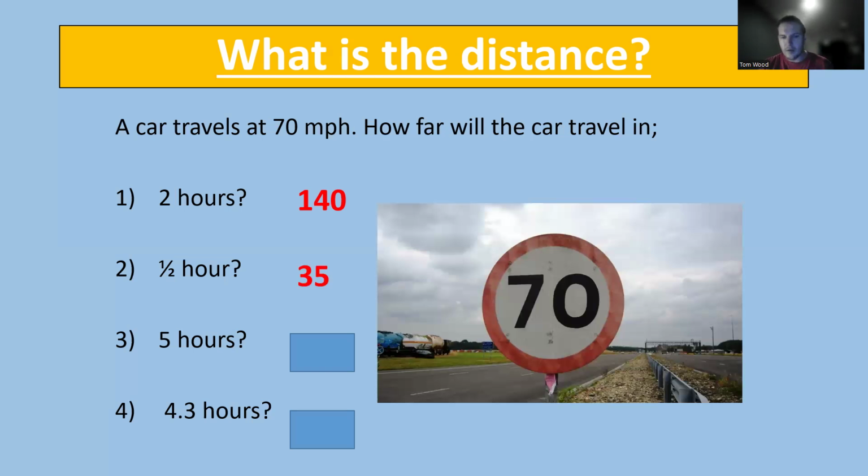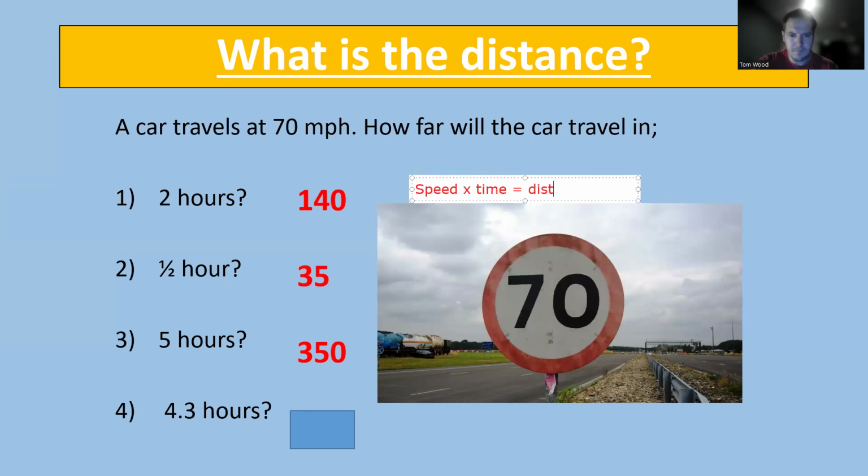Now, when you put this into the idea of, well, how far would it go in 5 hours? This is where most people really do spot and derive the formula. Well, how far does it go in 1 hour? So that's its speed. And it's doing 5 lots of that. So lo and behold, and this is what you were doing from the beginning, but now we have derived our formula.